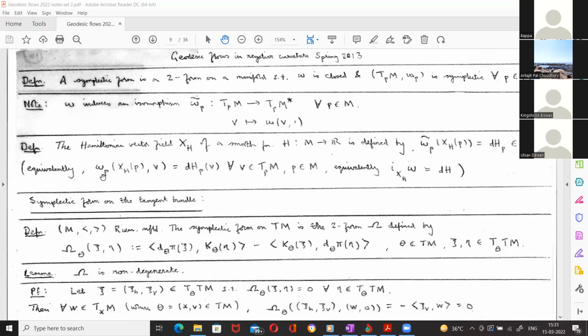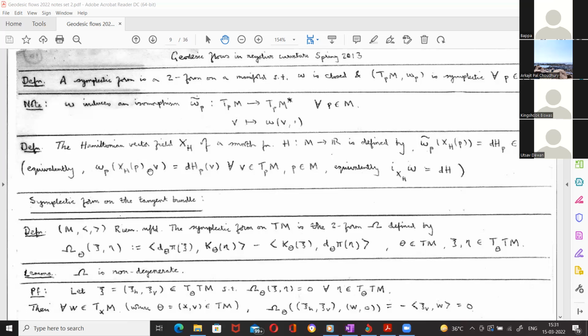And this is equivalent to saying that this isomorphism is what? It's v maps to omega of v comma dot. So this should be the same thing as dH_p of dot. So in other words, omega_p of X_H(p) with v should be the same as dH_p of v, for all v in TpM.